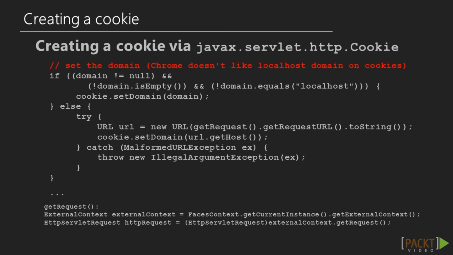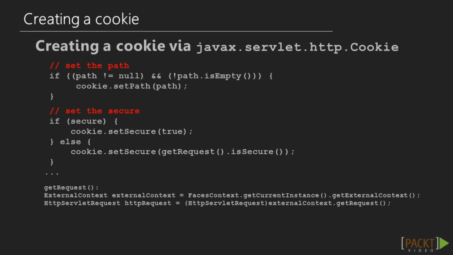Next, we will add the optional attributes of a cookie. We start with the domain attribute, which can be provided as an argument of the createCookie method, or we can set it to the current host, as you can see in this piece of code. Further, we set the path and the secure attributes.